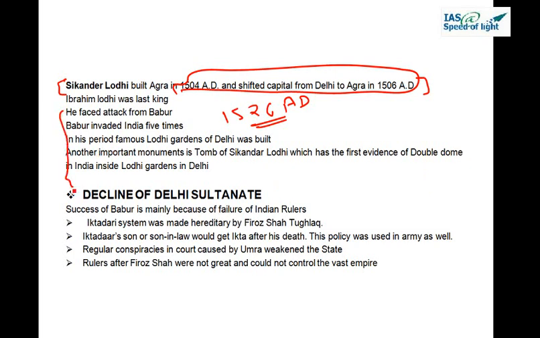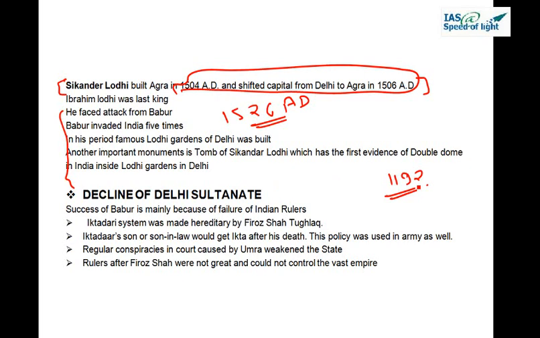Summing up the end of the Sultanate, we can say the Sultanate of Delhi had its birth at the Battle of Tarain in 1192. If you remember, here Muhammad Ghori defeated Prithviraj Singh Chauhan.